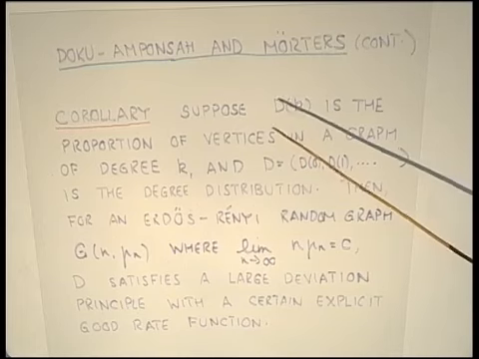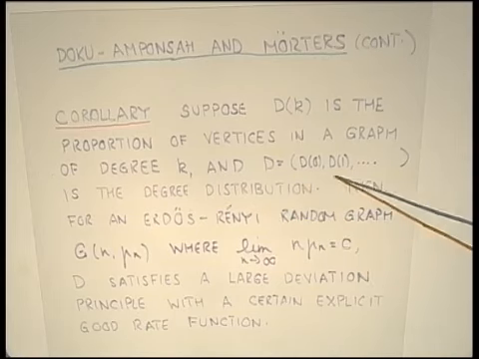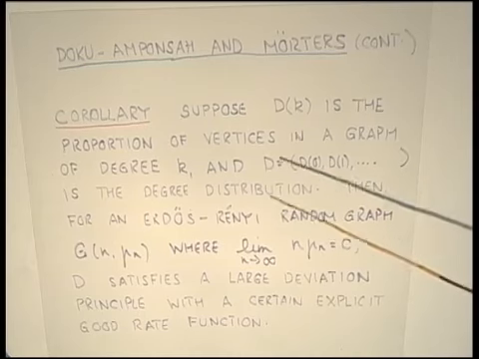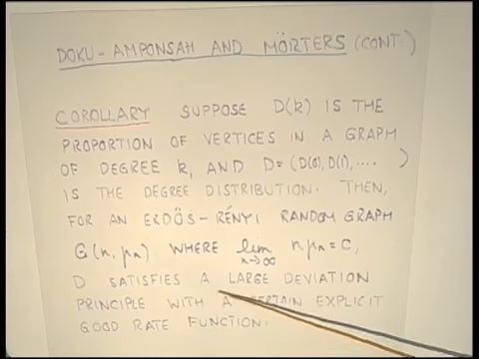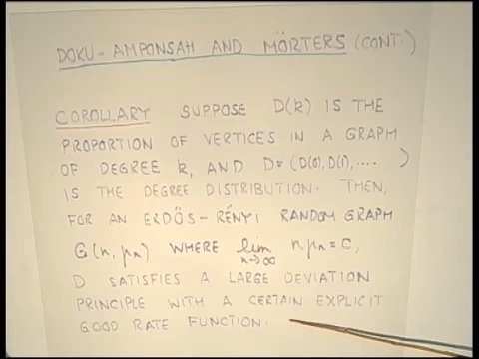And you think about the proportion of the vertices that have got degree k, and you let this be the degree distribution. Then again, you can get a large deviation principle for this, with again a nice explicit rate function. And all this spins out from the methods that we were using before. The point, though, is this.